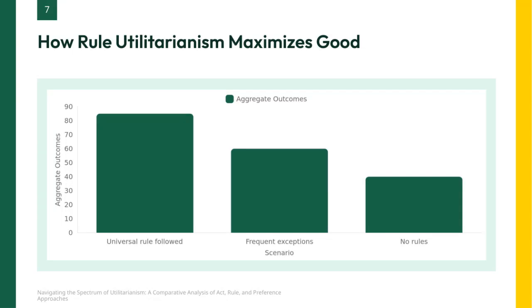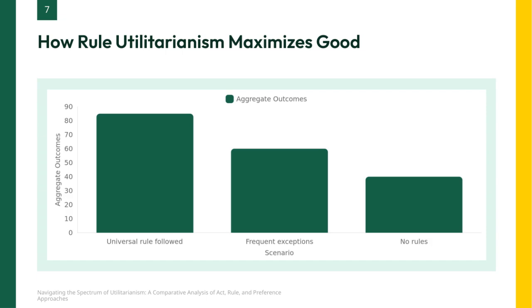Here, the bar chart illustrates the aggregate outcomes based on different scenarios of rule adherence. As you can see, when the universal rule is followed consistently, the aggregate outcomes are the highest, reaching a value of 85. This highlights the positive impact of universally applying rules. In contrast, scenarios with frequent exceptions see a noticeable drop in outcomes to 60, indicating that flexibility in rules can decrease overall effectiveness.